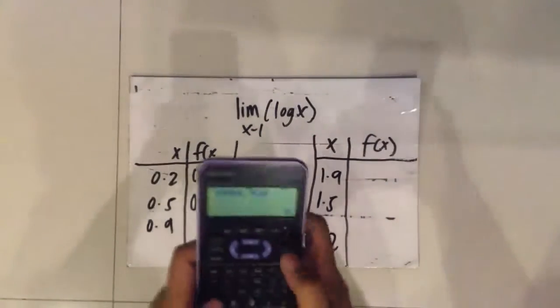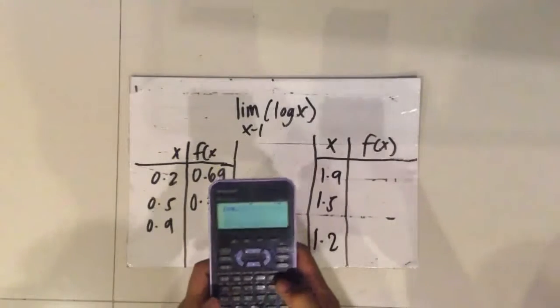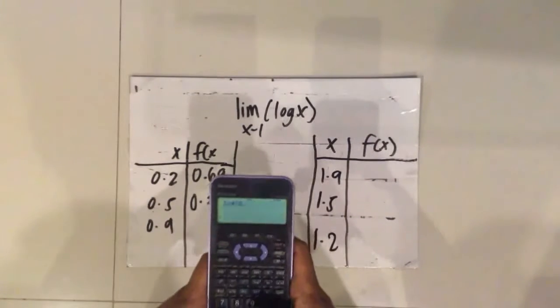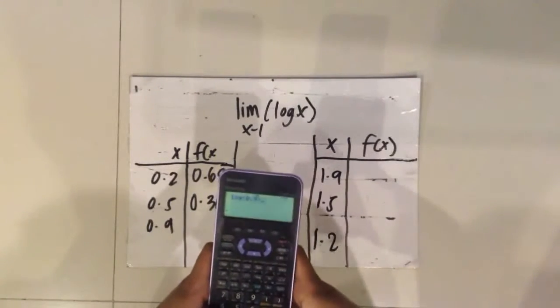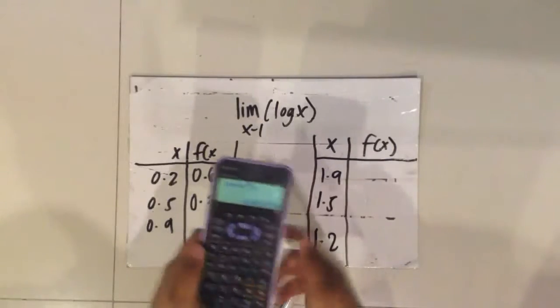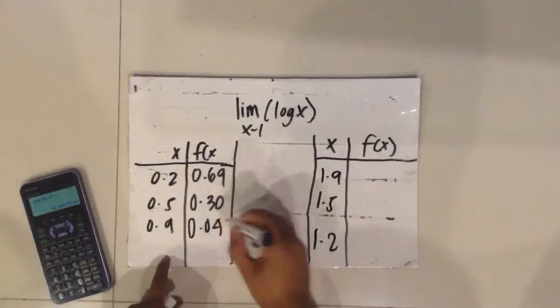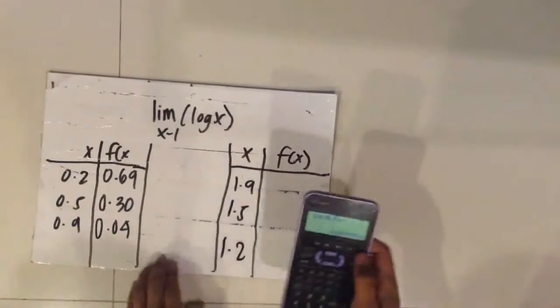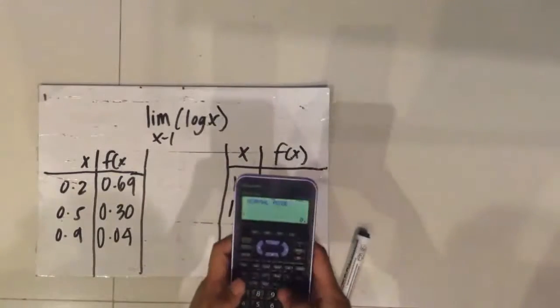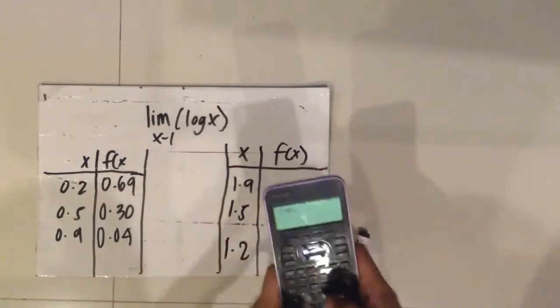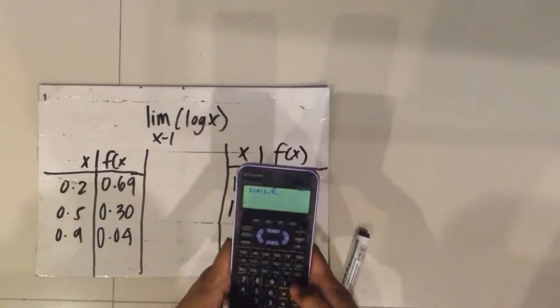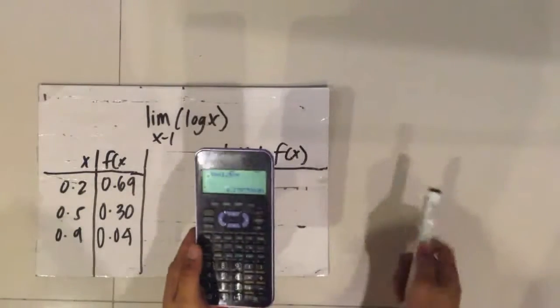For the last, log times 0.9. Answer is 0.04. And for the right side rather, we have log times 1.9, and the answer will be 0.28.